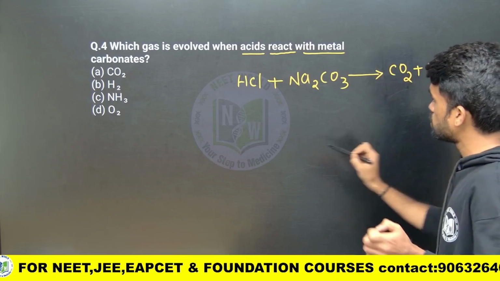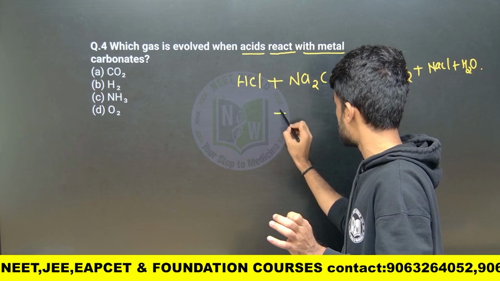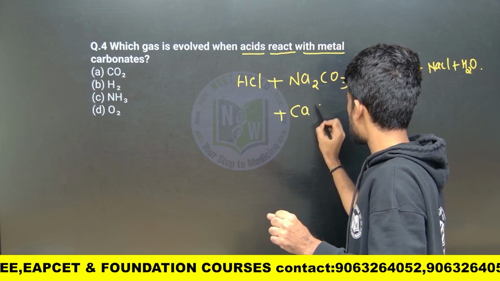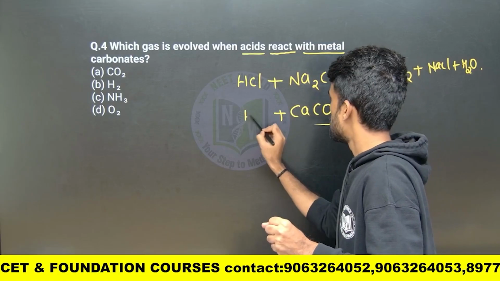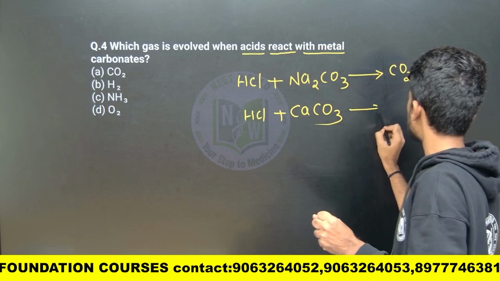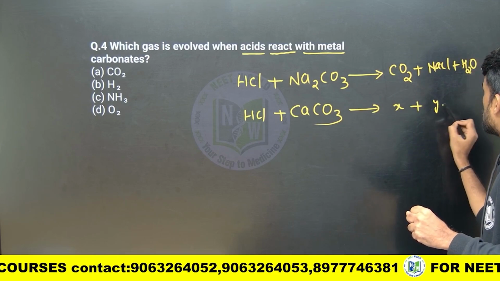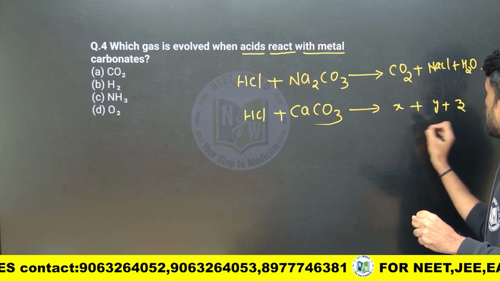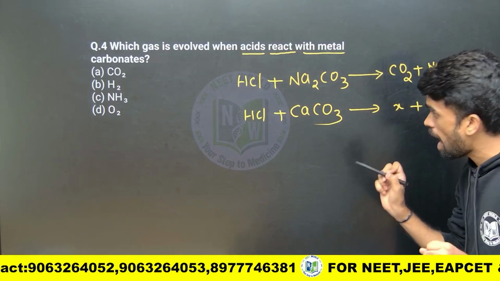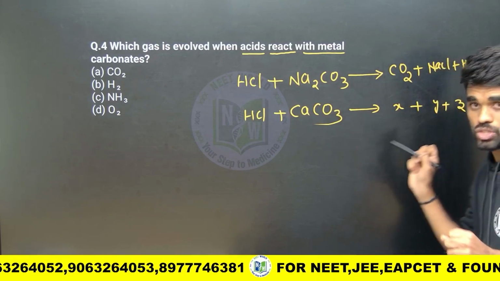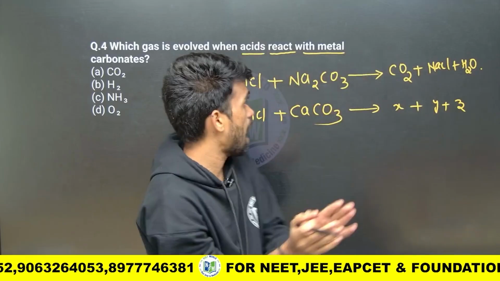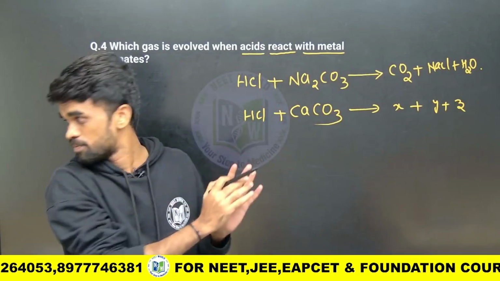Now I wanted to get an answer for this. When I react calcium carbonate with HCl, what are the products formed here? X is a gas and Y is a salt, okay? And Z. What are X, Y, Z? I want the answer for this particular question in the comment box based on your understanding of this discussion, okay?